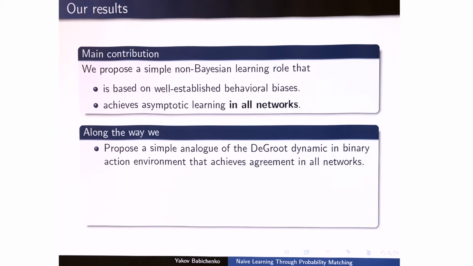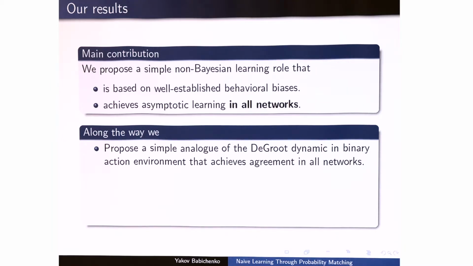So let me remind you what the DeGroot dynamic is. The DeGroot dynamic is a very simple dynamic where every day you average the numbers of your opponents. And if everyone applies it, then essentially it leads to a consensus on some weighted average of the initial numbers.